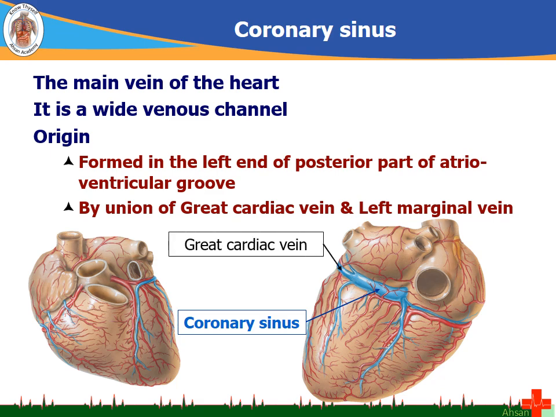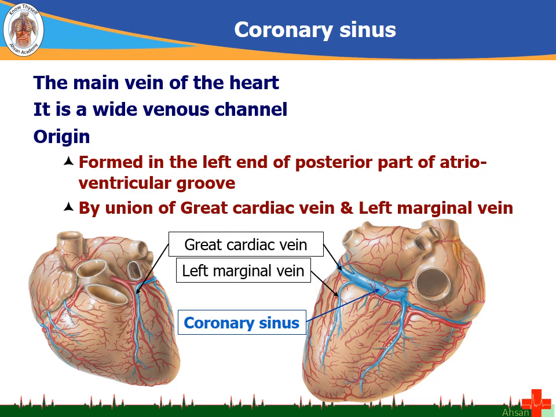The great cardiac vein, it is labeled, and this is the left marginal vein. So the left marginal vein and the great cardiac vein unite to form the coronary sinus on the left side, on the posterior part of the atrioventricular groove.